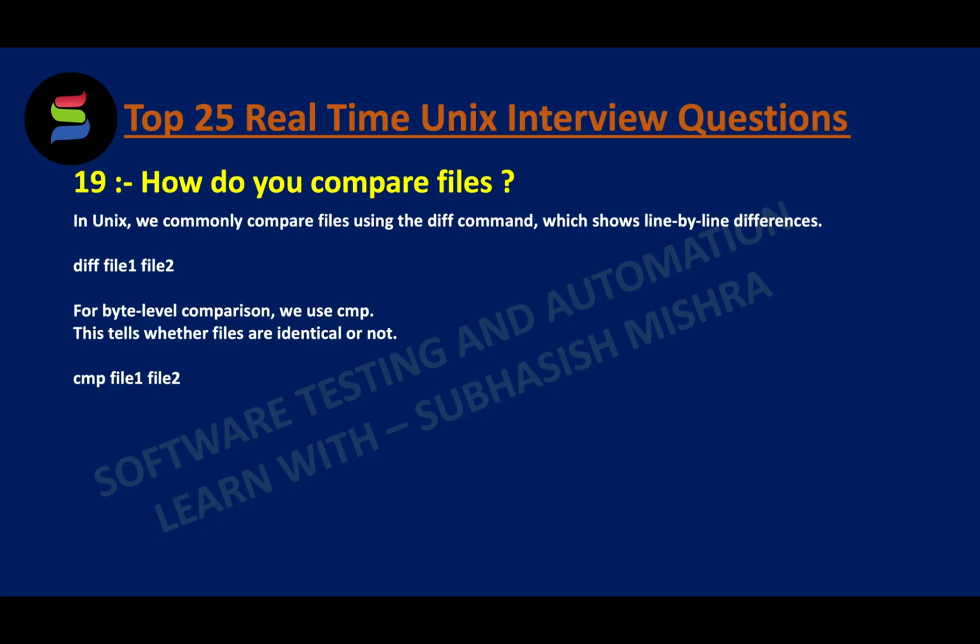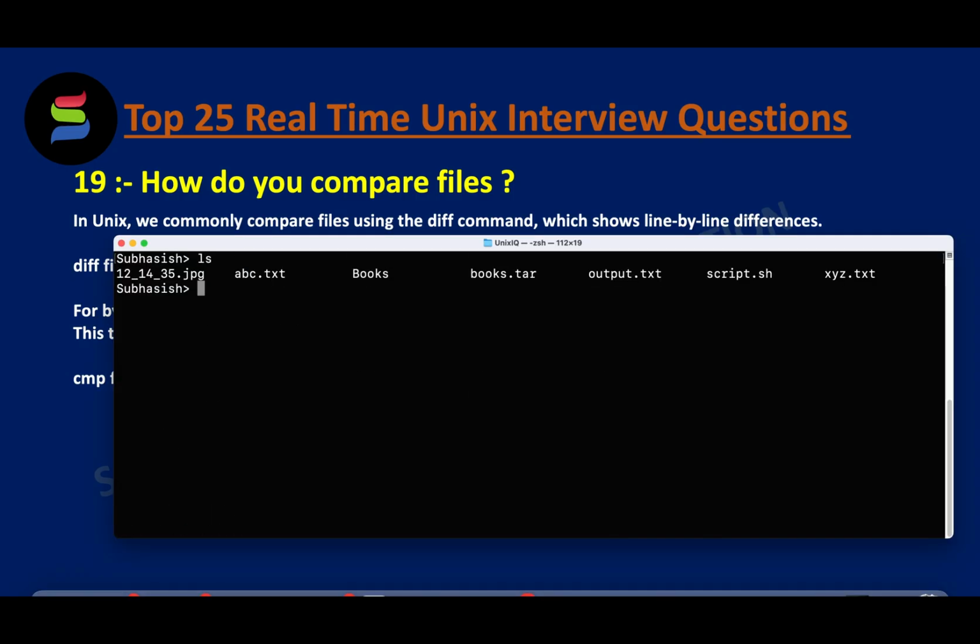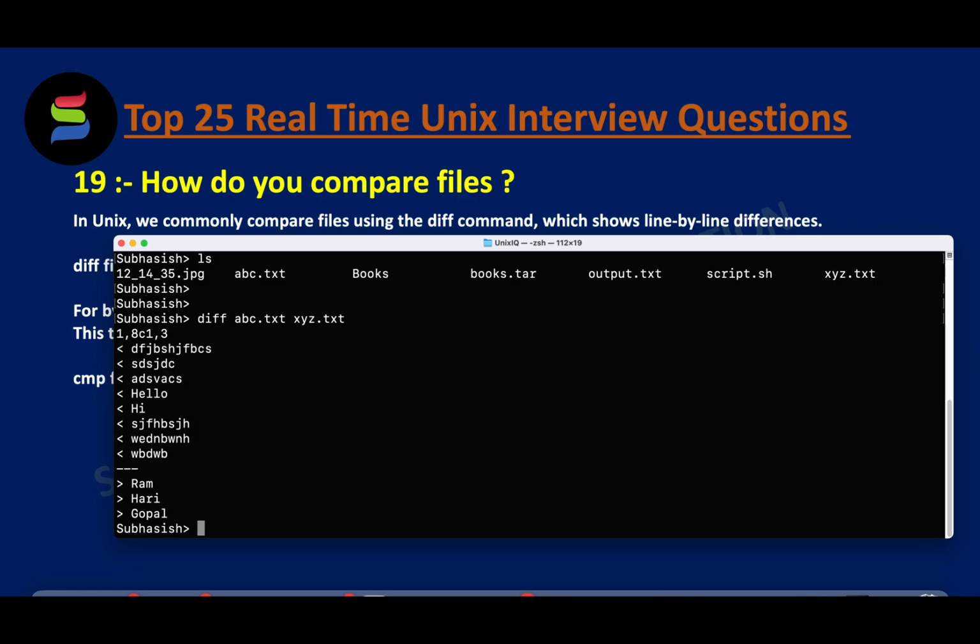If we go to our terminal, here let us say we have multiple files, abc.txt and xyz.txt. Let us say we want to do a diff of abc.txt and xyz.txt.